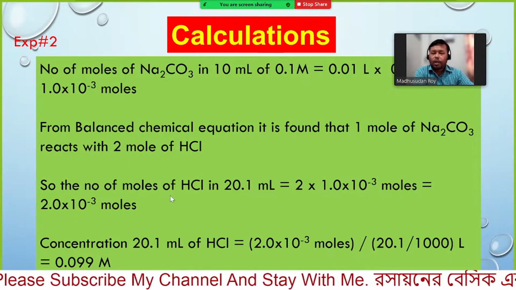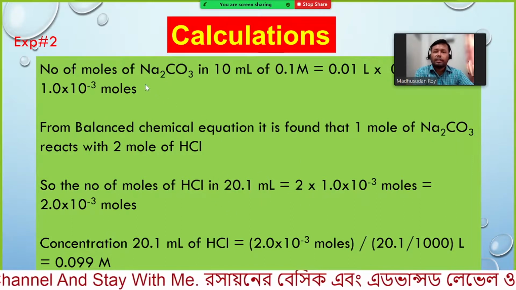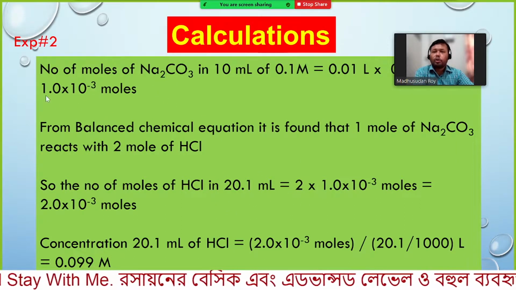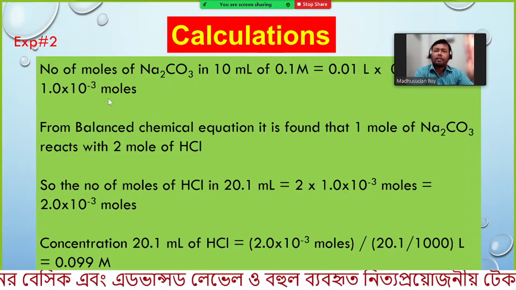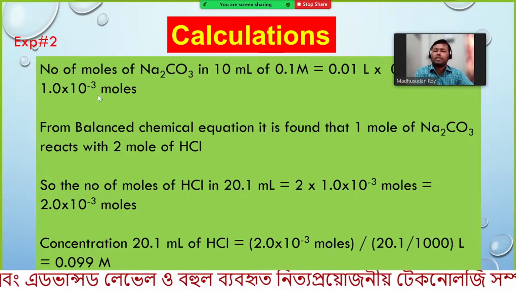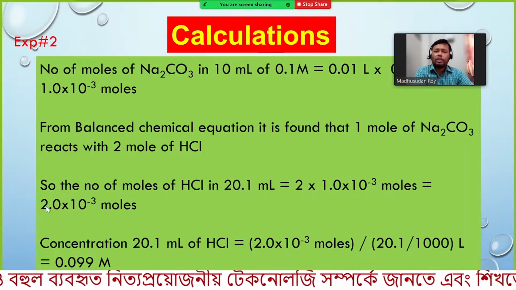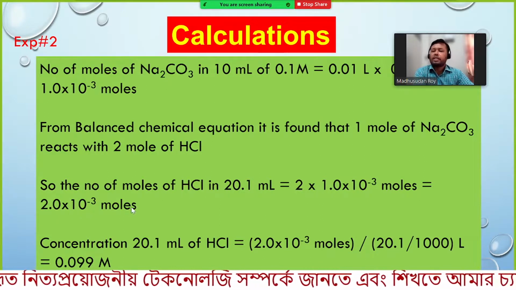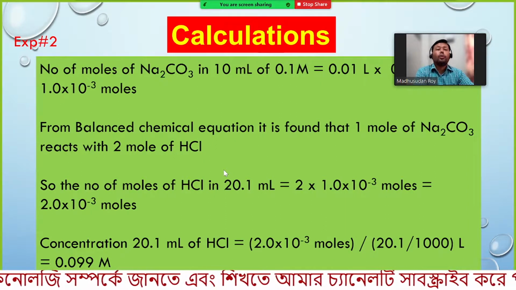This is the number of moles of sodium carbonate in 10 ml, and the number of moles of hydrochloric acid is 2 times, so multiply by 2, then you will get 2 into 10 to the power minus 3 moles of hydrochloric acid in 20 ml. Then what is the concentration?